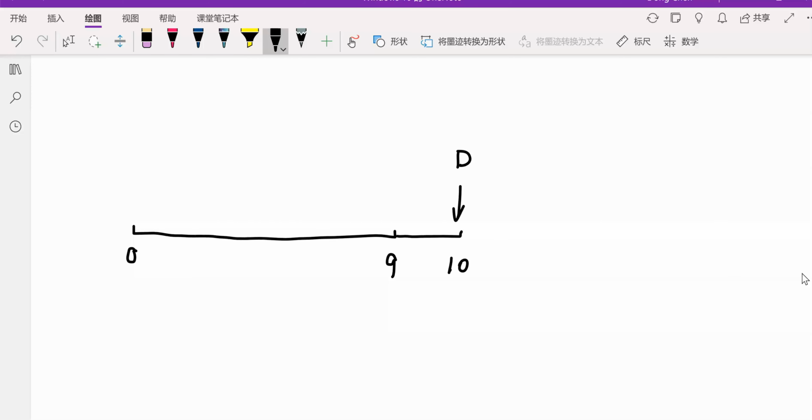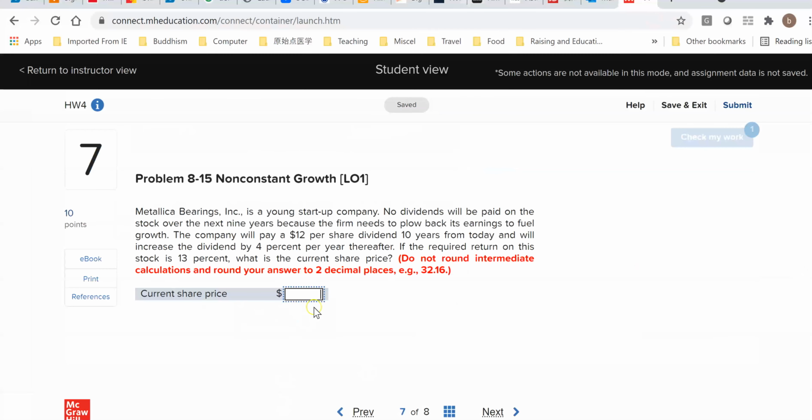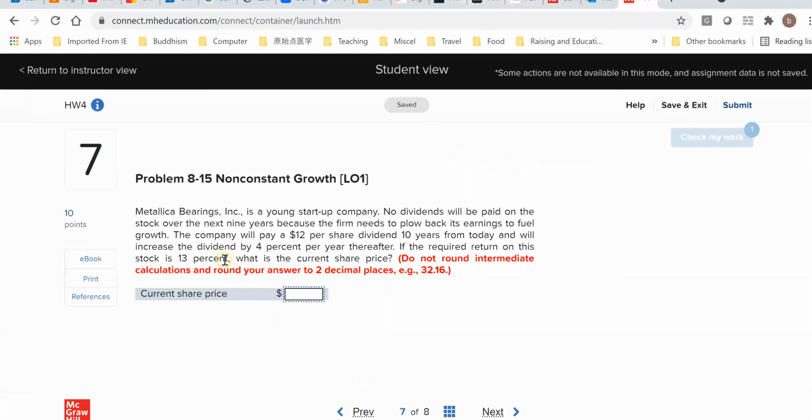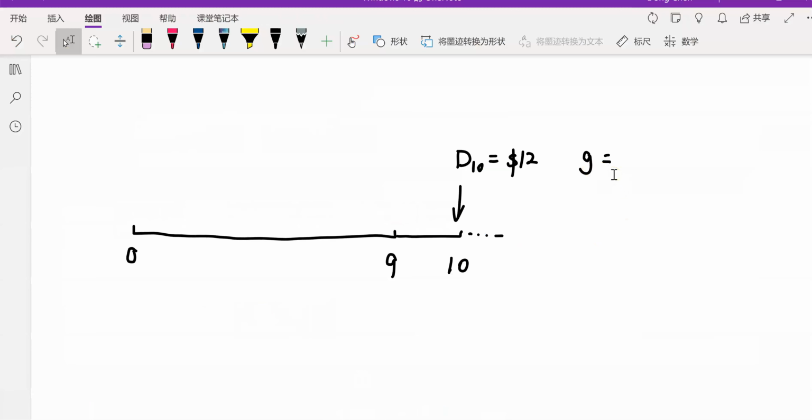So this is D10. Going back to the setup to check the numbers, it's $12 per share, and this continues. We're told the dividend growth rate, small g, is an increase of 4%.